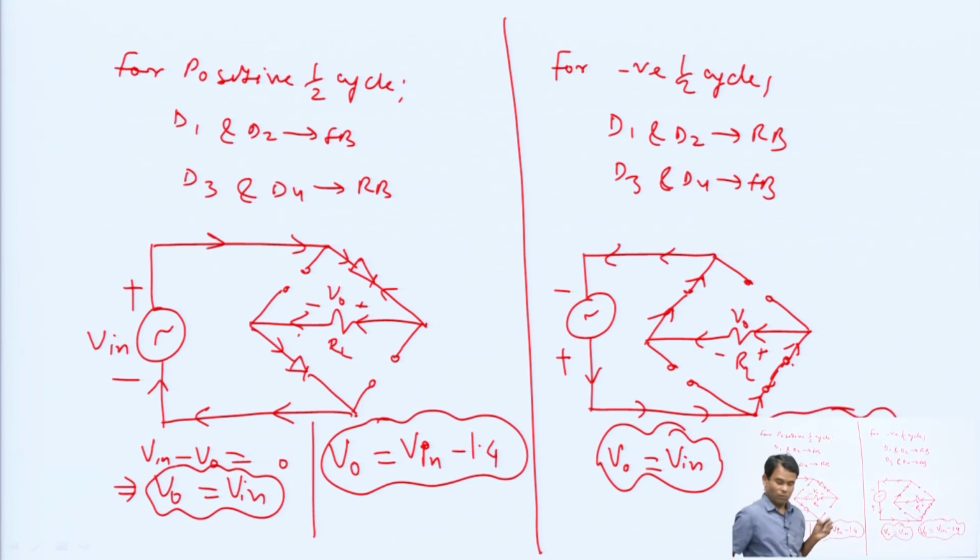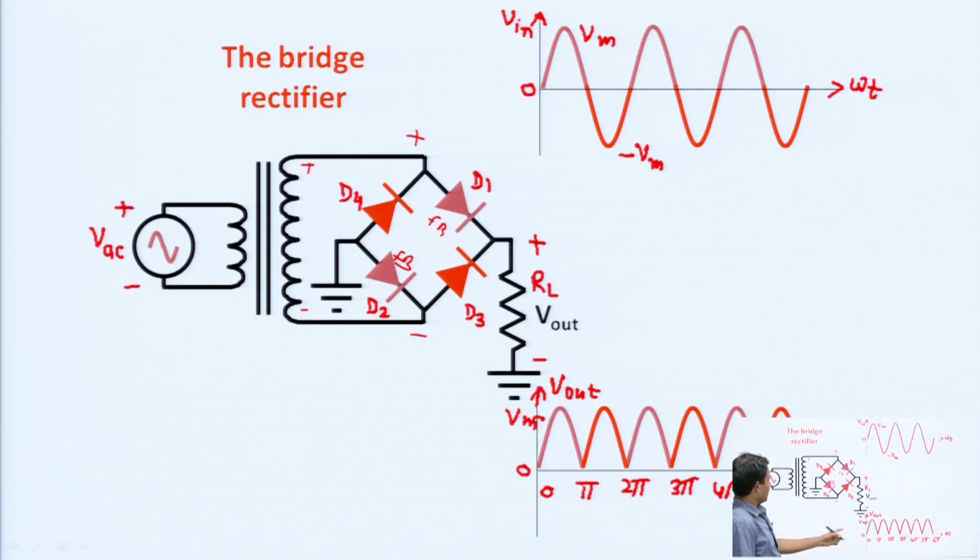So, this is the working of the bridge type full wave rectifier for the positive half cycle and for the negative half cycle. And already discussed in the center tap full wave rectifier that the output frequency is twice the input frequency.